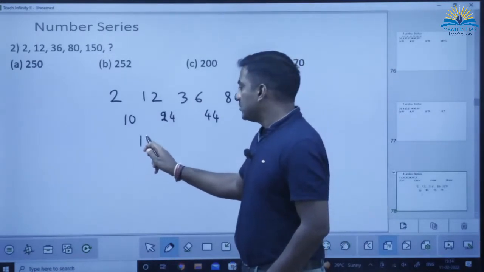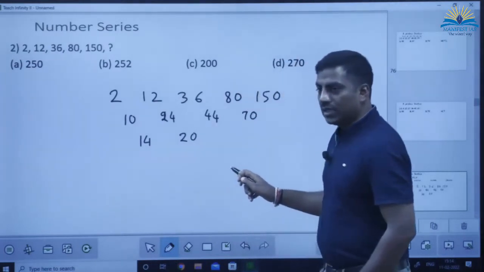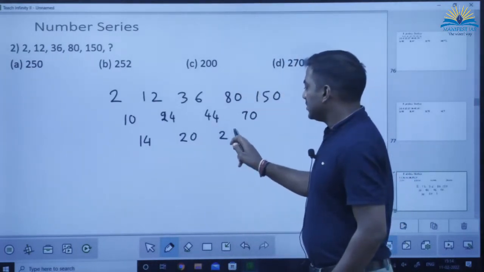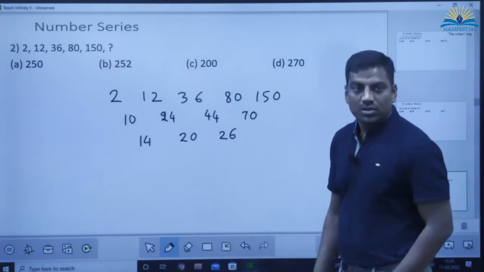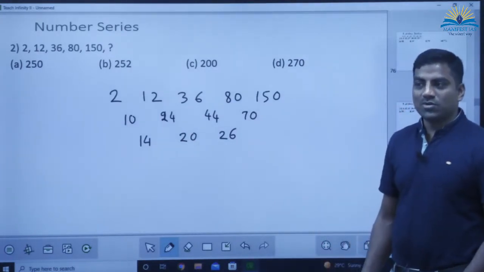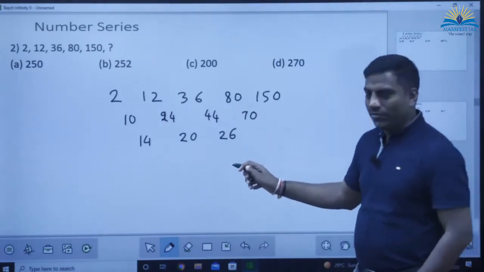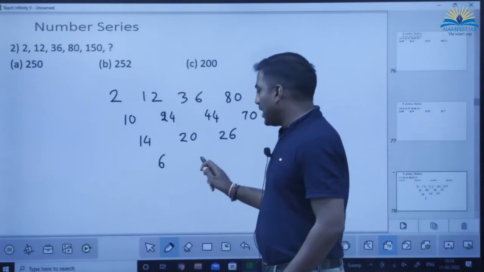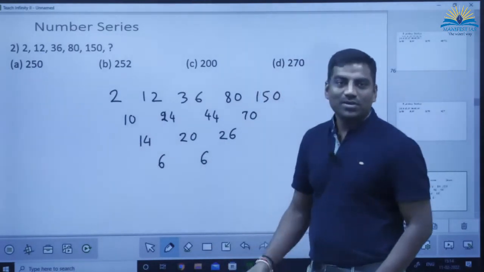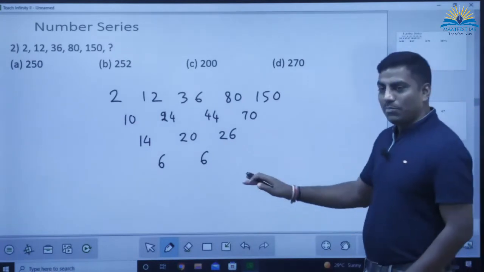What is the difference? 14, 20, 26. Getting any clue? No. At least for some there must be some clue. Basically 14 plus 6. Okay, for the general public, I'll go one more step below. 6, 6.